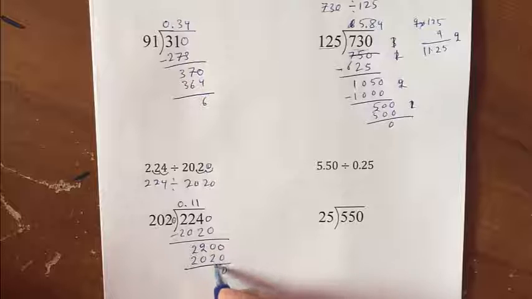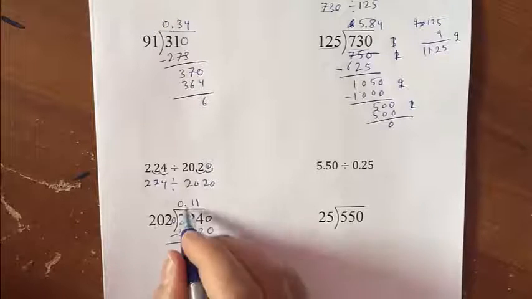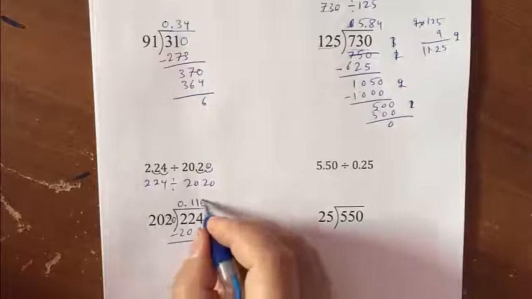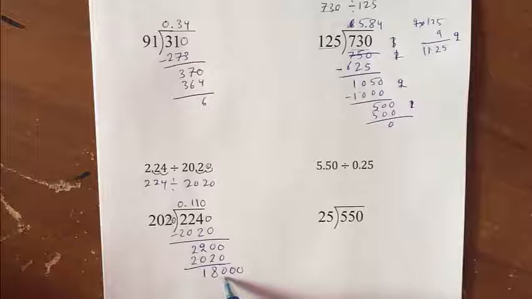This time you get 10 minus 2 is 8, 1 minus 0 is 1. Again, because of the decimal, we can add a 0. This is still smaller than this. Now you have to add a 0 there at the quotient and a 0 over here. Then we have 18,000 and we have 2,000. How many times?